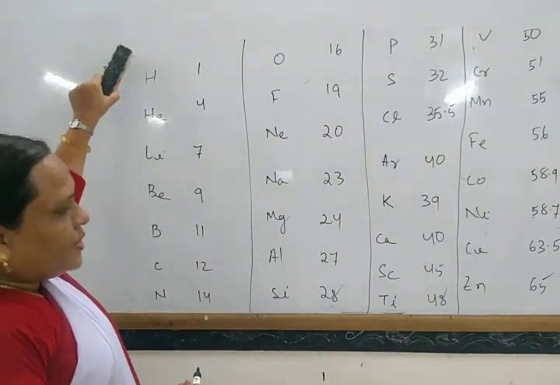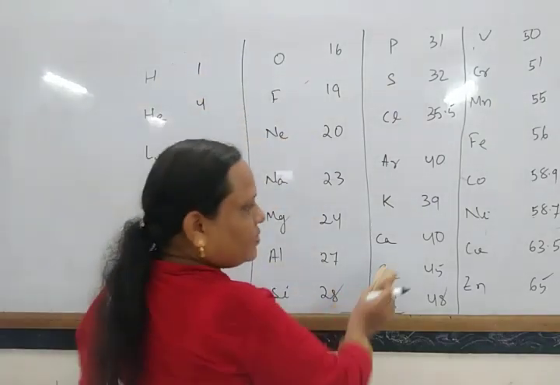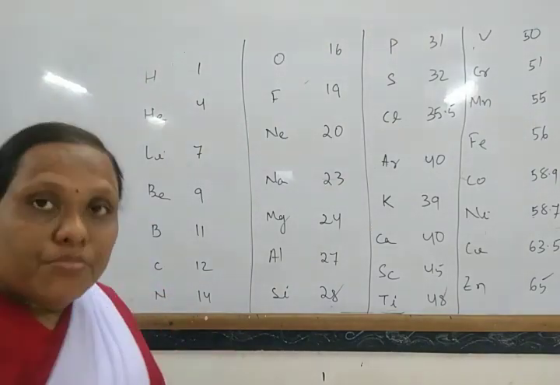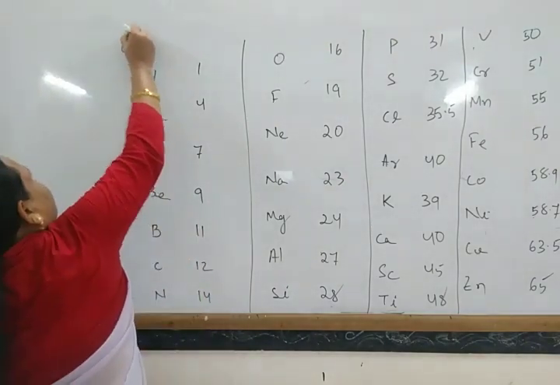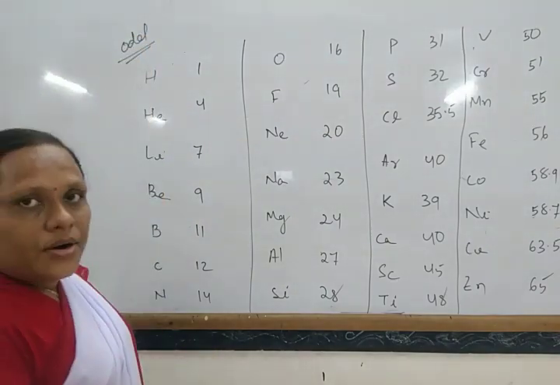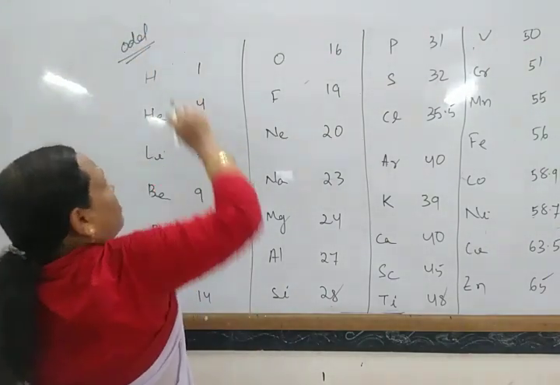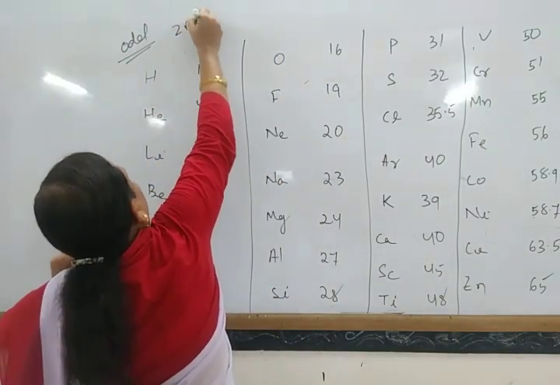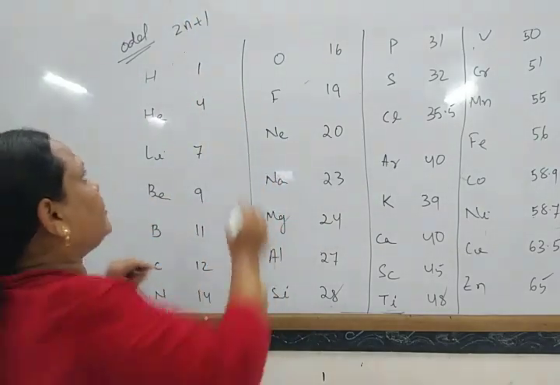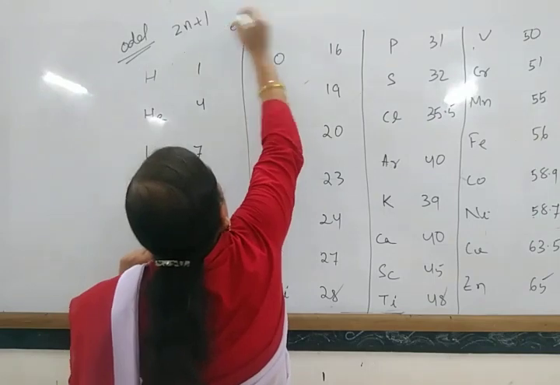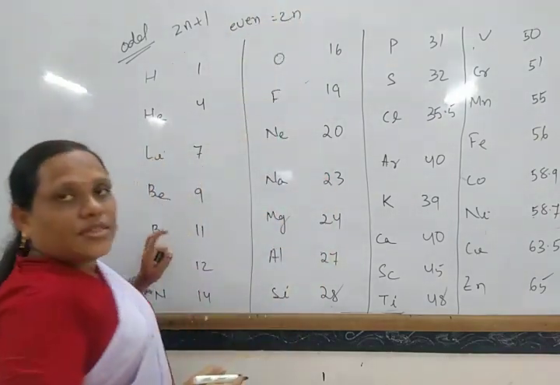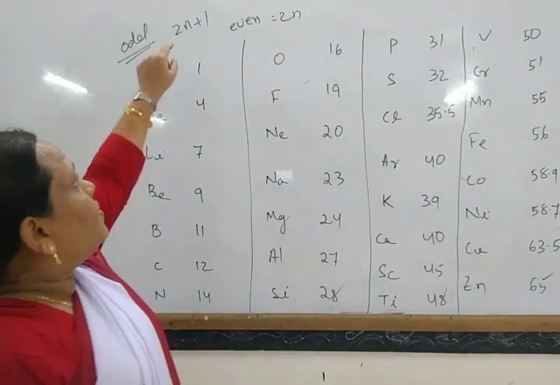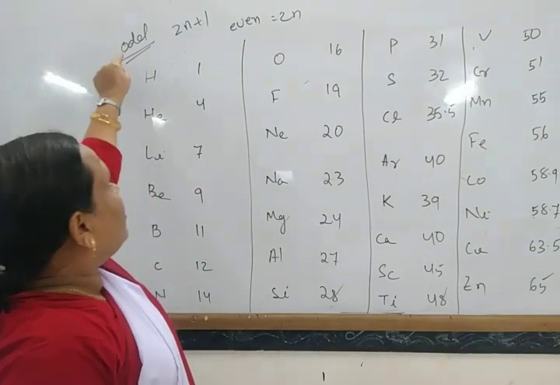So for hydrogen to calcium, if the atomic number is odd, multiply the atomic number by 2 and add 1, that is 2n plus 1, and if it is even, then 2n. In this way you can find the atomic mass number. Even: 2n, and odd: 2n plus 1.